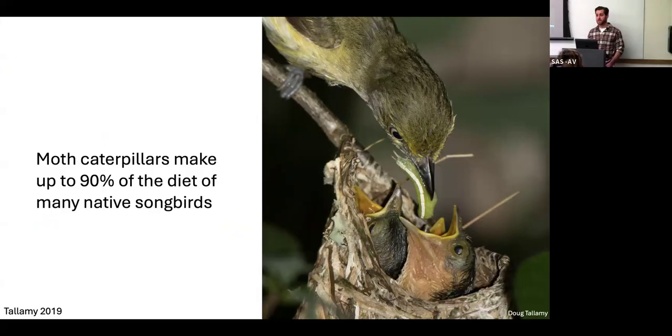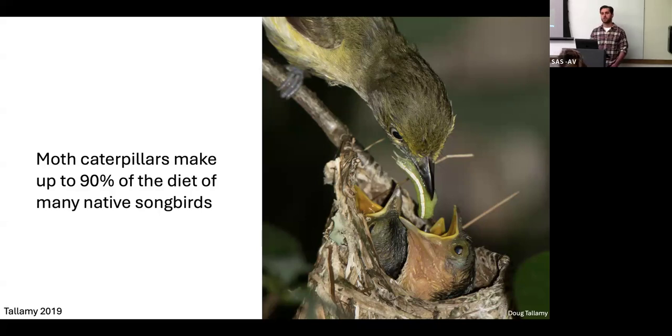Up to 90% of the diet of many of our native songbirds comes from caterpillars, particularly moth caterpillars. And they're especially important for rearing baby birds. Some of you are probably familiar with the work of Doug Tallamy, who's written a lot about this. His work has shown that caterpillars are especially palatable to young baby birds.